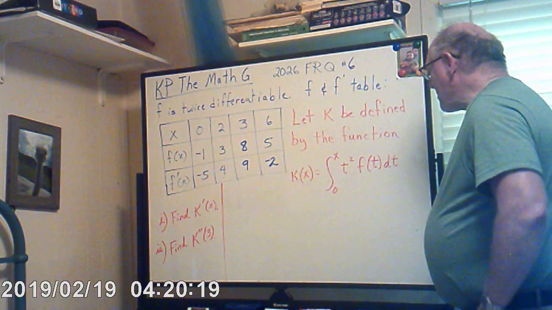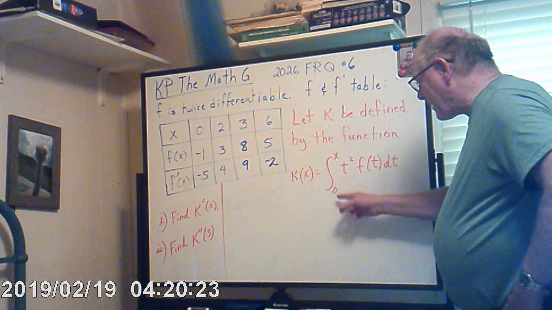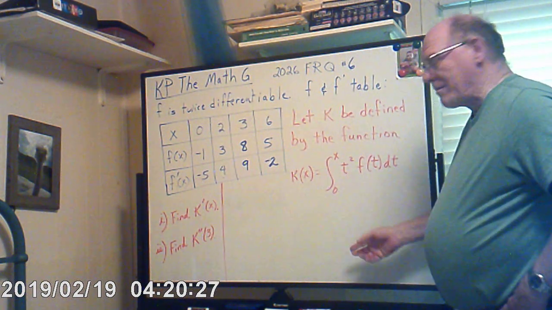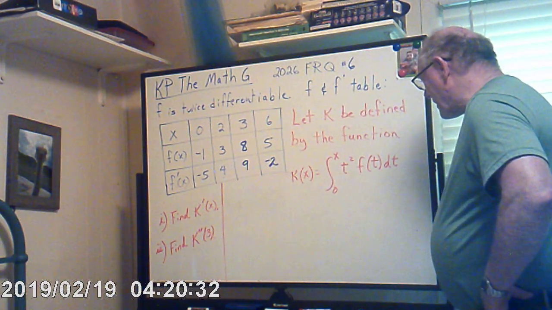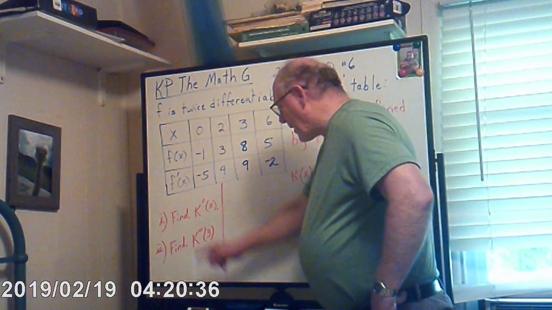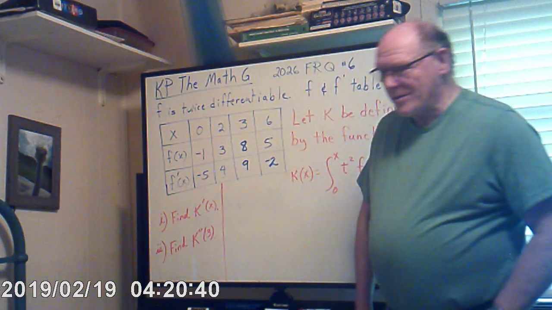Alright, so let K be defined by the function K at x is equal to x, the definite integral from 0 to x, t squared f at t dt. Find K prime at x, find K double prime at 3.